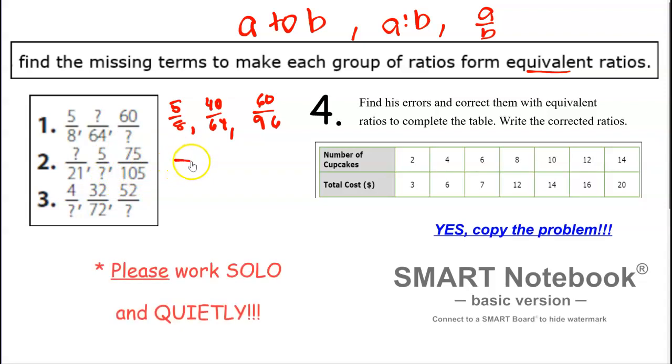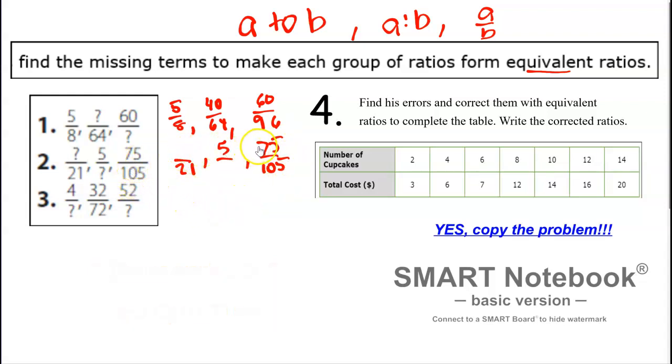So I'll do that one right now. This one is 5 over something, and 75 over 105. Follow my train of thought. I divide 75 by 15, I get 5. If I divide 105 by 15, I get 7.